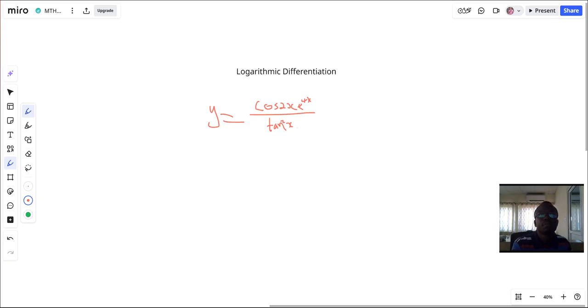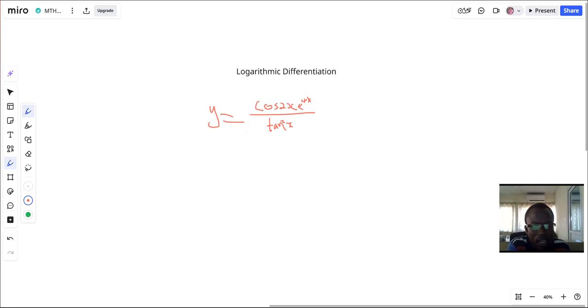If you look at this function, we have almost three functions here. We have a chain rule: cos 2x is a composite function inside another function. E power 4x is a function on its own, and we have all this divided by another function.